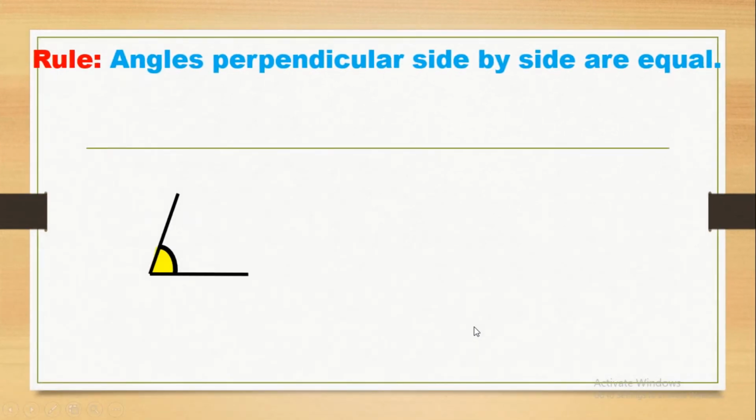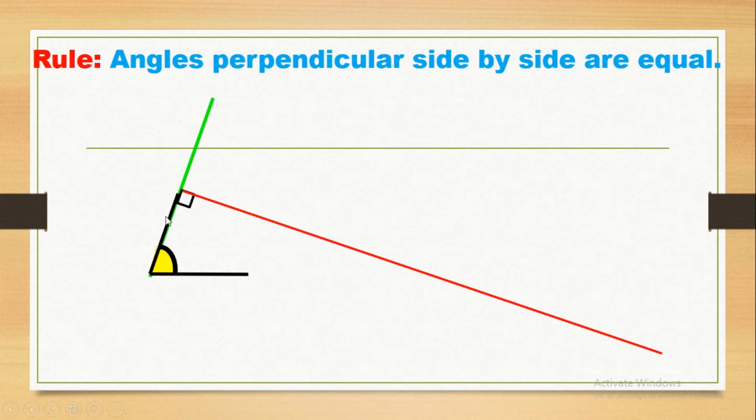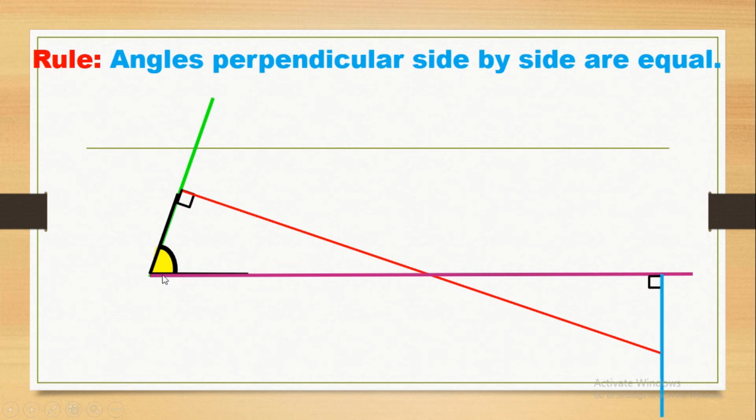Before starting this part, we need to understand a rule. As you see here, we have an angle. I have produced the first side of this angle and then drawn a perpendicular on it. Also, I have produced the second side of this angle and drawn a perpendicular on it.